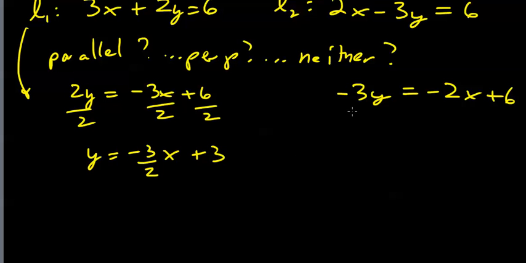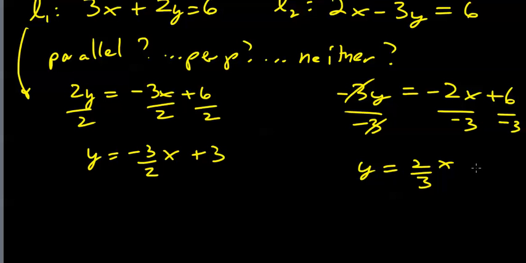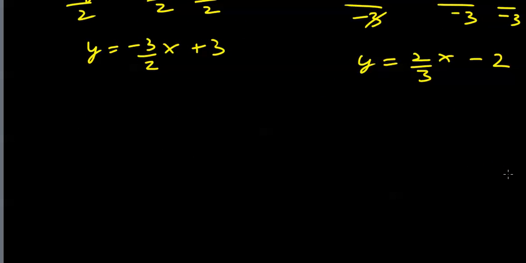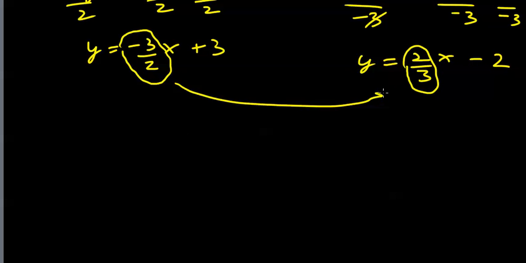Now again, you want to solve for y to get it in slope-intercept form, so I'm going to divide both sides, all terms, by -3. And I get y equals, well, -2x over -3, that reduces to 2/3 x, and 6 over -3 reduces to -2. I don't care so much about the y-intercepts for this problem. What I do care about is the slopes. This is the slope of line 1. This is the slope of line 2. And of course, you realize that these are negative reciprocals of each other. Let me write that down. These are negative reciprocal slopes.